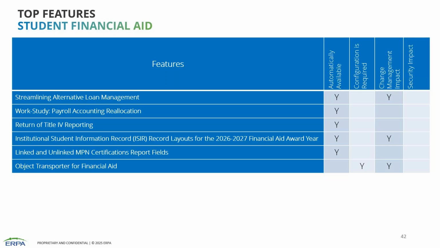There are also new report fields for master promissory note certifications and some great updates to Object Transporter for financial aid. Loki mentioned Object Transporter earlier. Financial aid's got some good new stuff coming out there too. I'm going to take a little extra time to discuss 3 of these items in more detail, and that I think will have the most immediate impact for you and your teams.